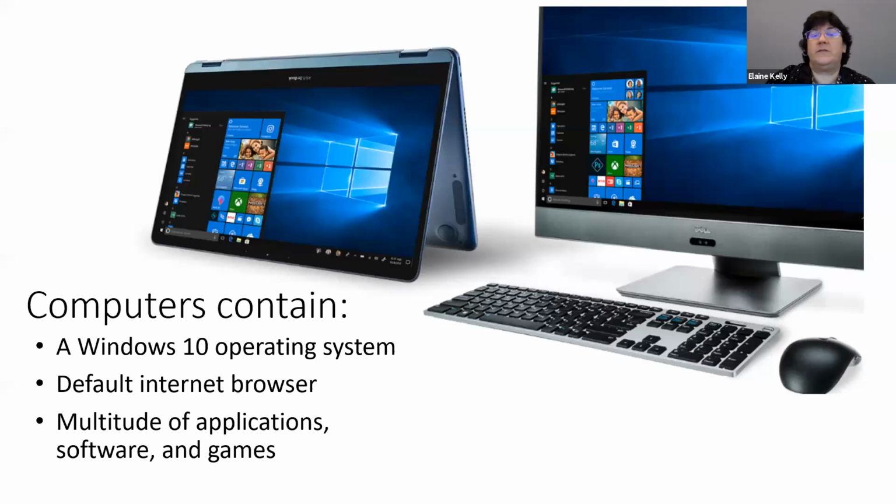All right, computers themselves, whether they be a desktop, like the image you see on the right-hand side of your screen, or a laptop, which you see on the left side, each contain a Windows 10 operating system and a default internet browser. In most cases, this will be Microsoft Edge because that is the Microsoft product. And you'll have a multitude of applications, software, and games preloaded onto the computer.